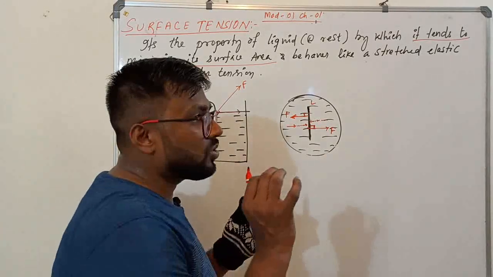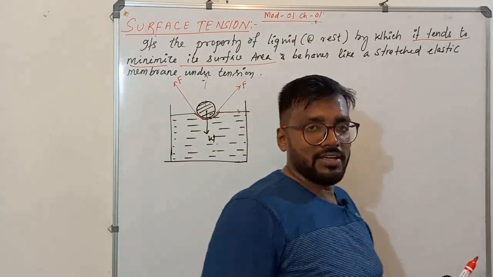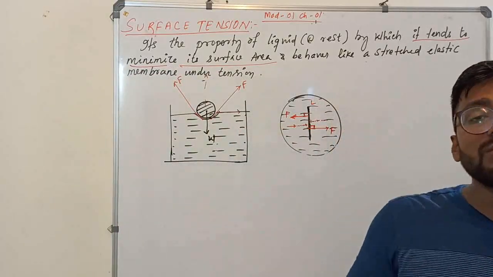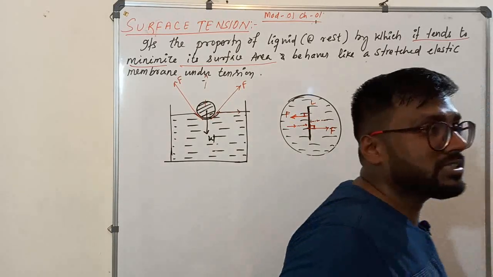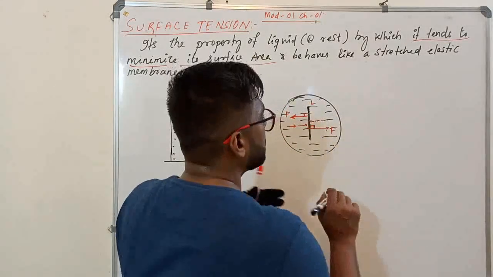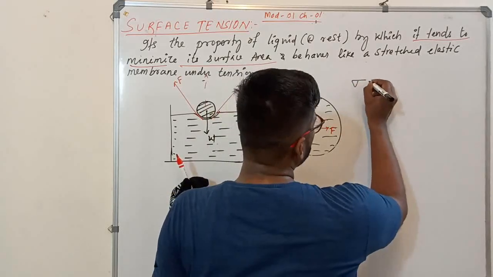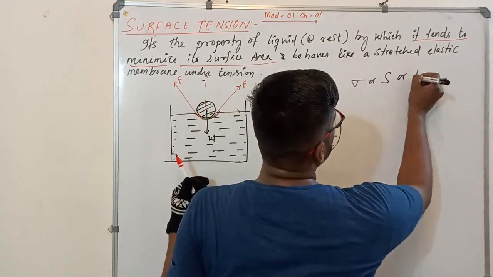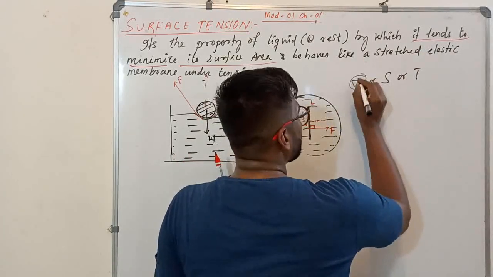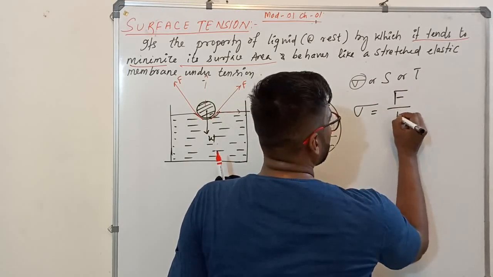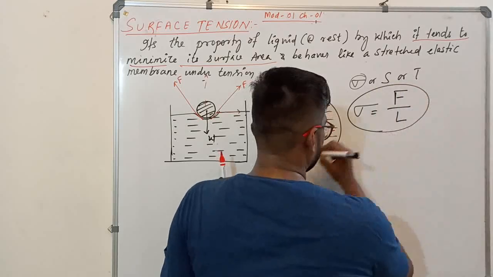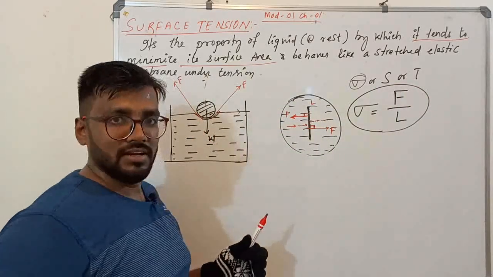So to give the magnitude of the surface tension, we use this. The surface tension you write as sigma or S or T, whatever you like. We will follow sigma. So sigma is equal to F divided by L, length.